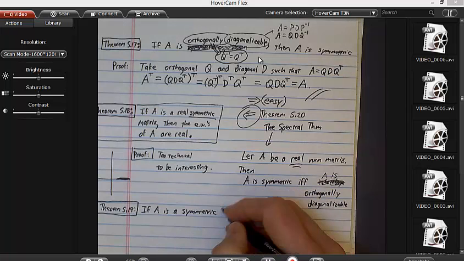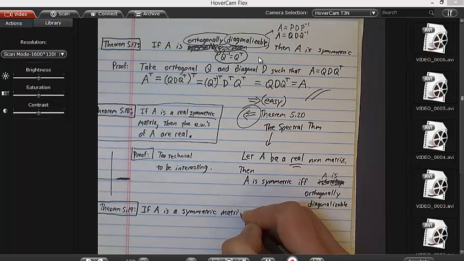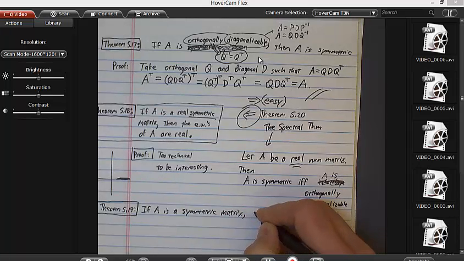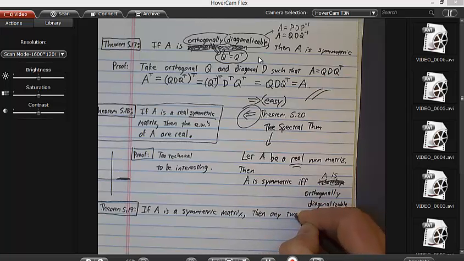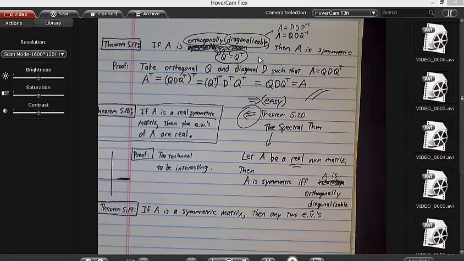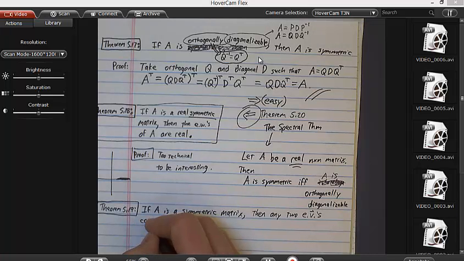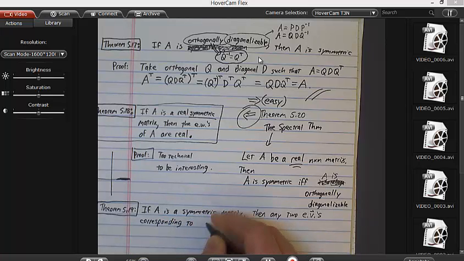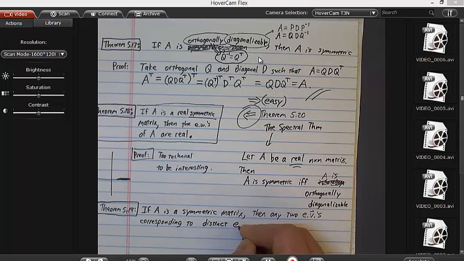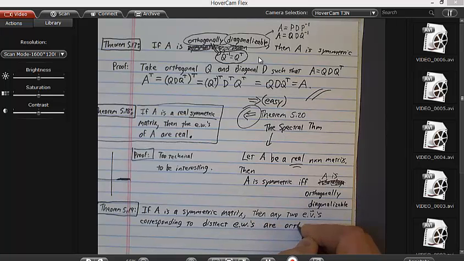If A is a symmetric matrix, then any two eigenvectors, EVs we've been calling those with a little bar, corresponding to distinct eigenvalues are orthogonal.